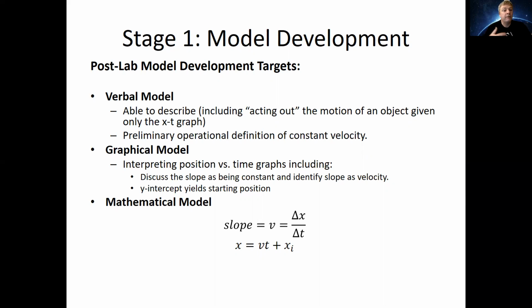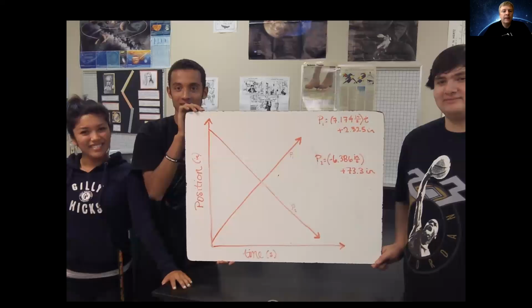It describes how fast the buggy's moving, and it also describes the direction that the buggy is moving. And for instance, P1 and P2 are both traveling roughly at very similar speeds, okay? But P2 is heading in the opposite direction.